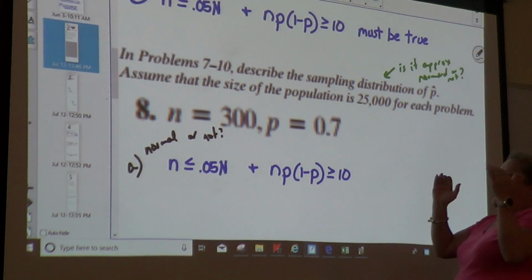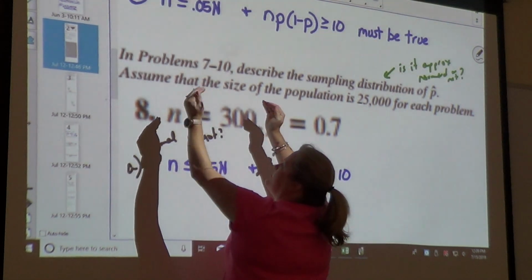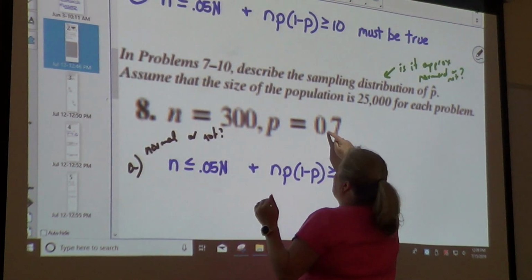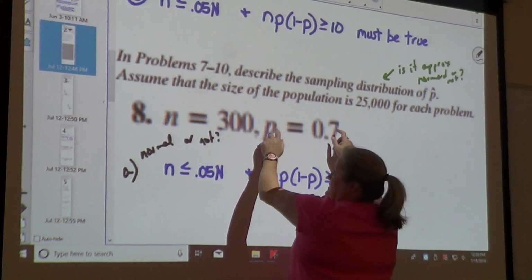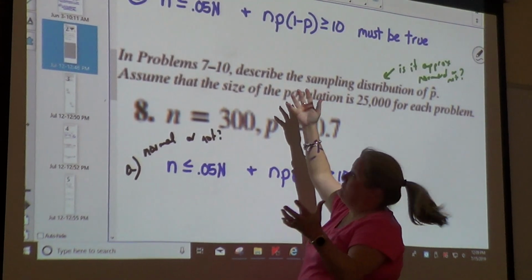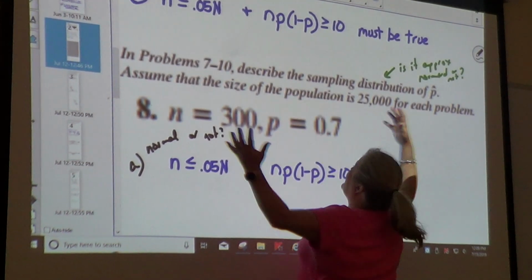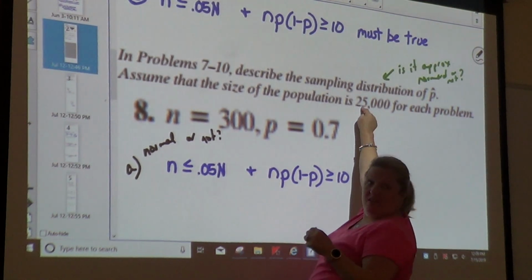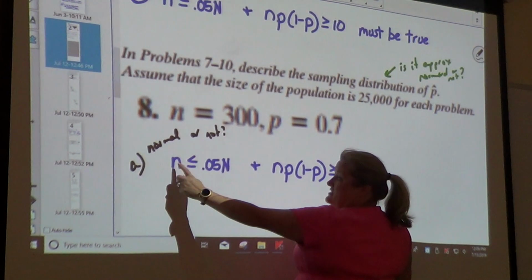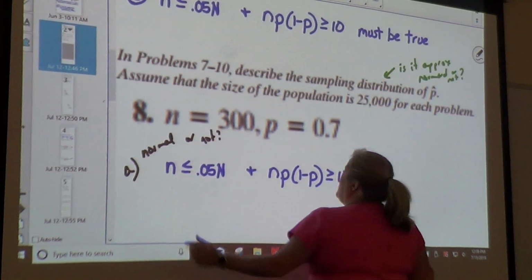So if I ask a 300-person sample a question, and 70% of that population tells me something, and the size of the population is 25,000, I need to be able to look at these two things. So what was my little n?